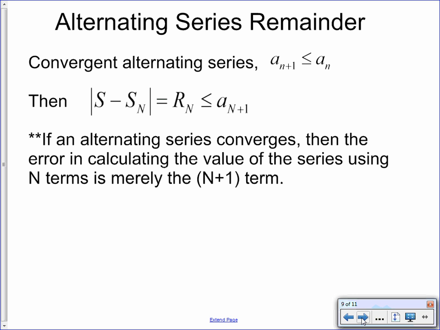The sum and what we approximate the sum to be. So if we approximate the sum with 7 terms, then the actual sum will only differ from that approximation by whatever the eighth term is.